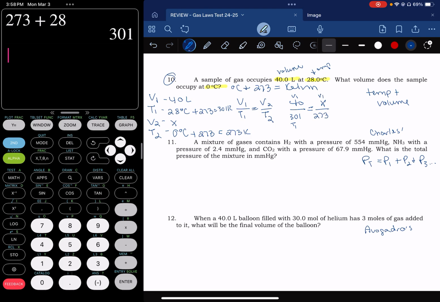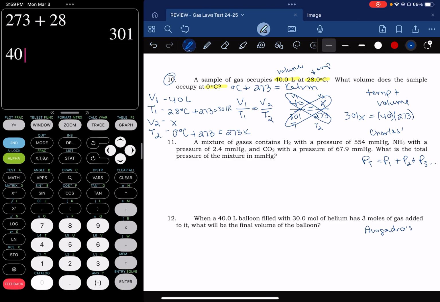So we are just plugging in the numbers we have identified. Now we do a little cross multiplication and division. You cross multiply and divide, so this ends up being 301x equals 40 times 273.